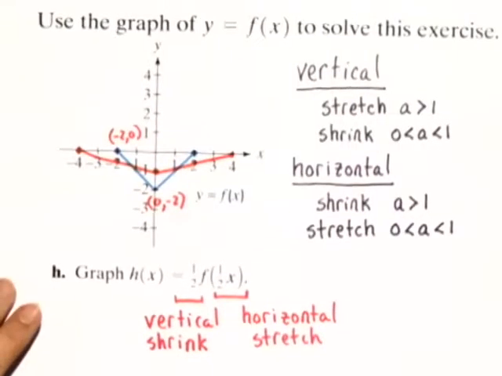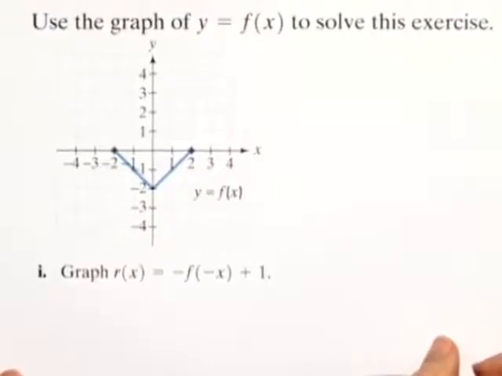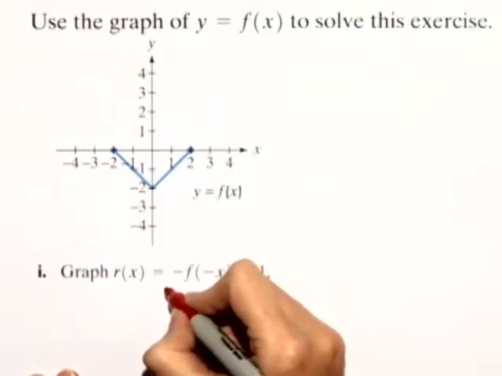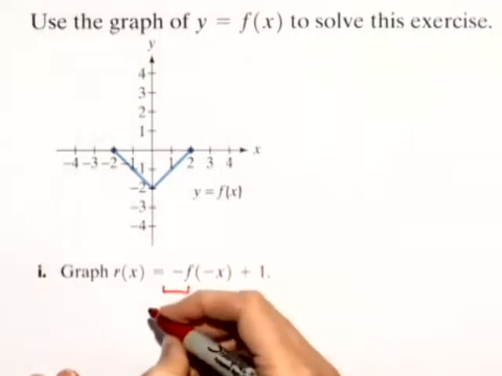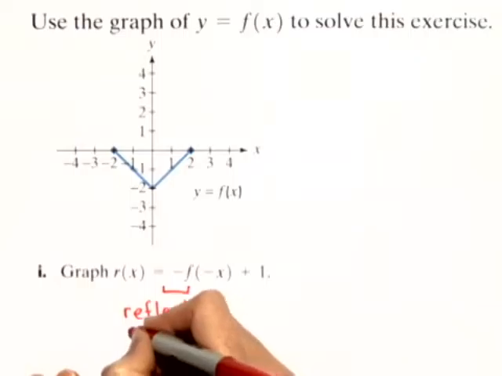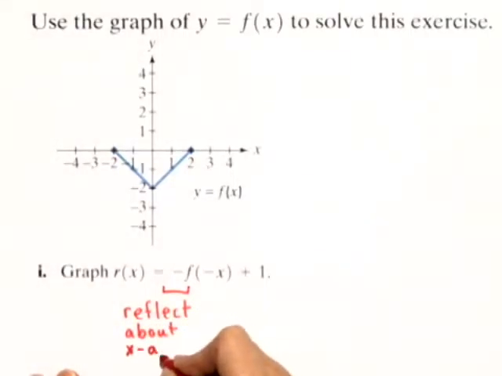Now let's move on to part I. In part I, again, we want to use the original graph y equals f of x to graph our new function r of x, which is negative f of negative x plus 1. This negative out in front of the function means that we reflect about the x-axis.